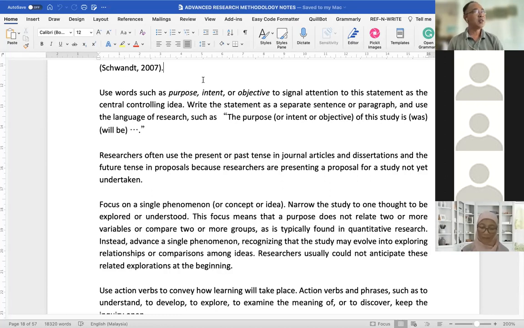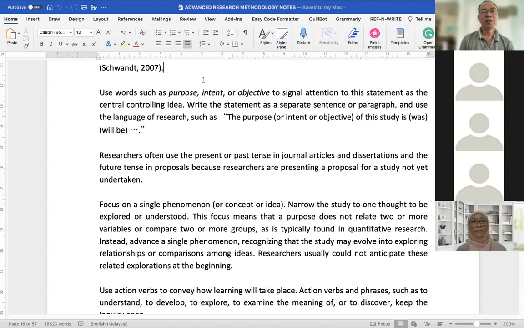So qualitative research uses what we call inductive reasoning. Inductive reasoning means the researcher does not have any prior theory. So the researcher collects data, analyzes the data, then gets the theory. That is called the inductive approach.